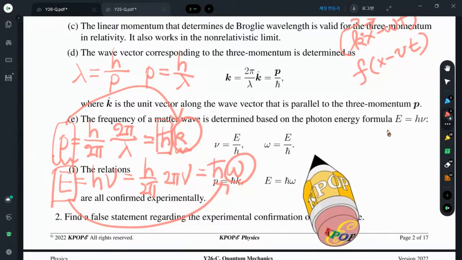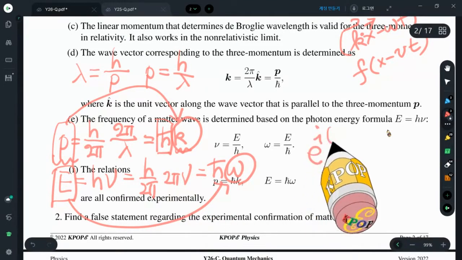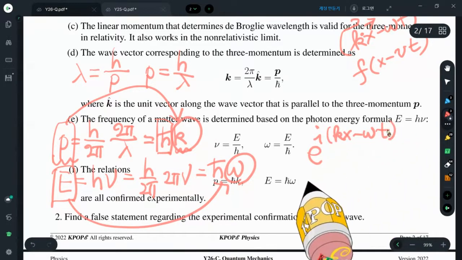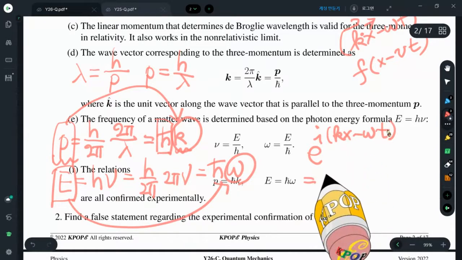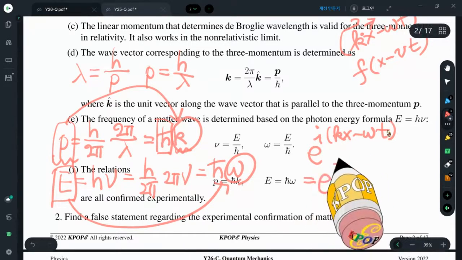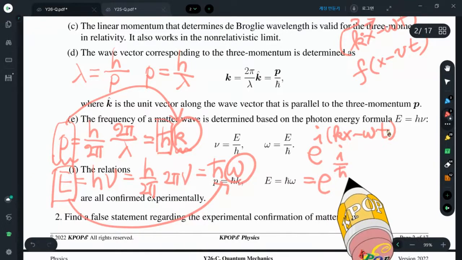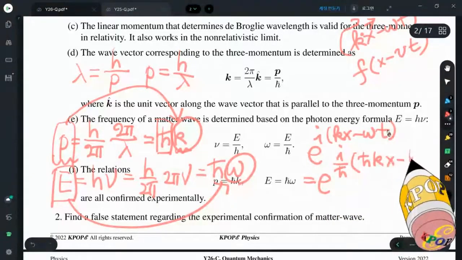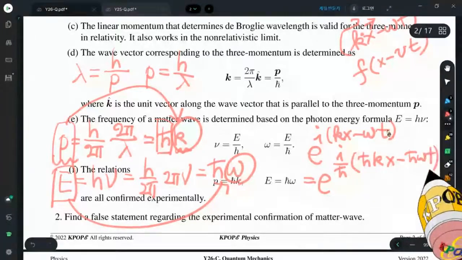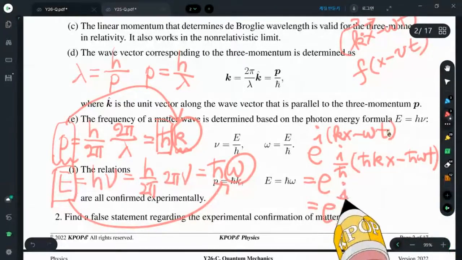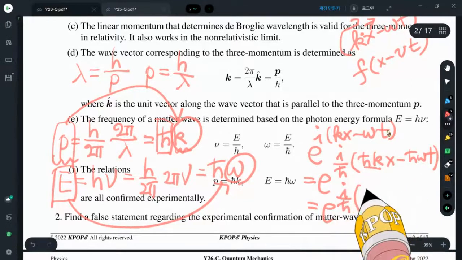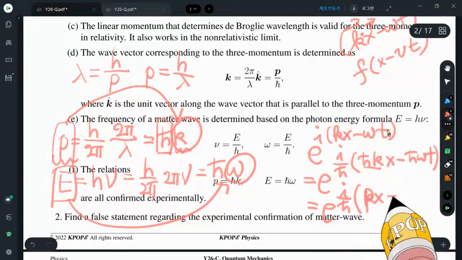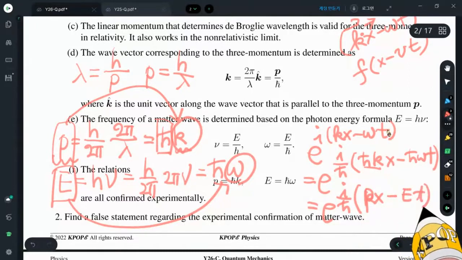Why don't we express any kind of wave, any sinusoidal wave, like that? And we divide it by h bar and multiply it by h bar. What's that? i over h bar, px minus Et.